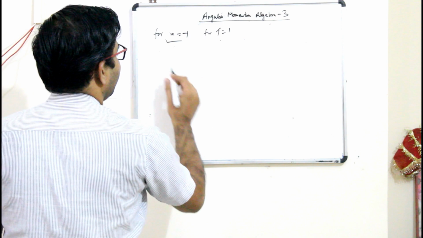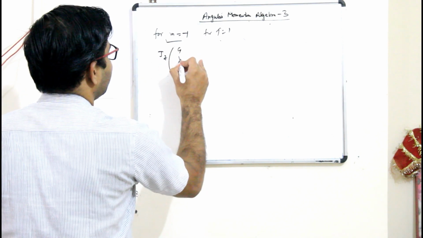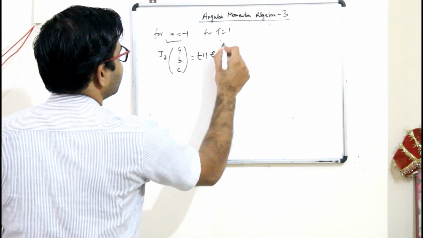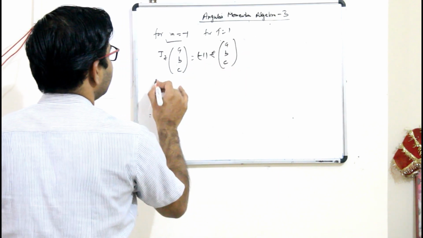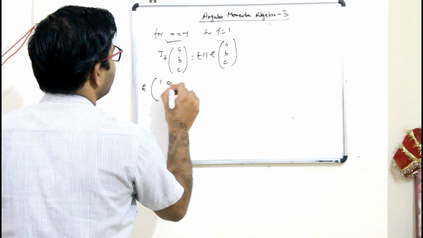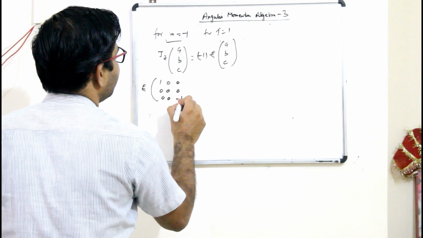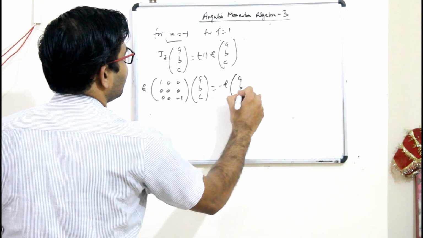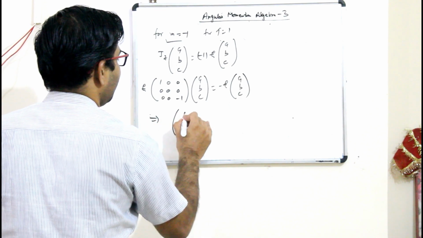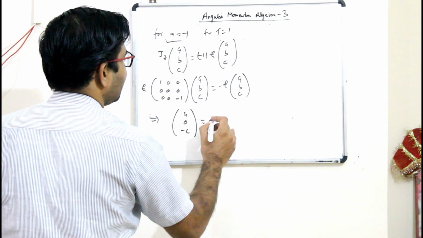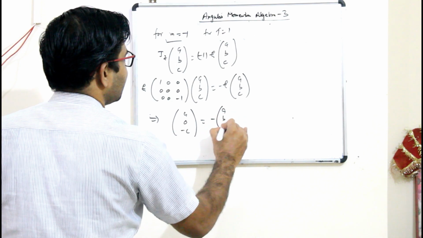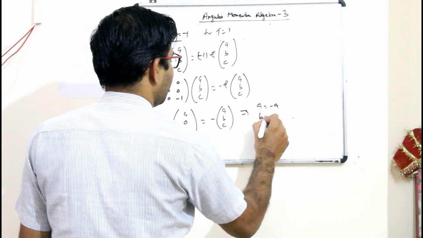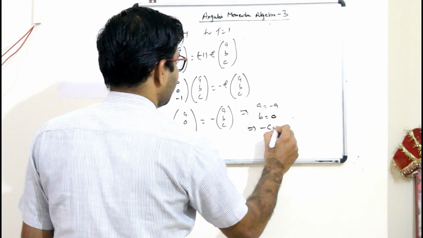For m equal to minus 1, we will get the eigenvalue equation as Jz acting on (a, b, c) equals minus 1 times h cross times (a, b, c). Jz is h cross times the matrix with diagonal 1, 0, minus 1, acting on (a, b, c), equal to minus h cross times (a, b, c), which gives me a, 0, minus c equal to minus a, minus b, minus c. This means a is equal to minus a, b equal to 0, and minus c equal to minus c.